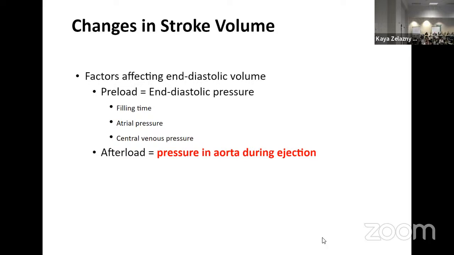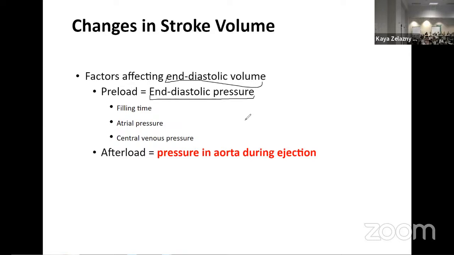Okay. So when we're thinking about end diastolic volume and the way in which that is affecting stroke volume, heart rate stuff, there's a relationship between volume and pressure. Basically, if you have higher volume, you have higher pressure. End diastolic volume and end diastolic pressure are subtly different, but in practice, they're kind of the same thing.